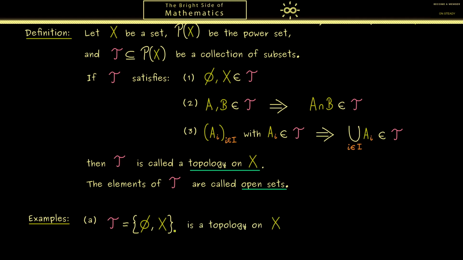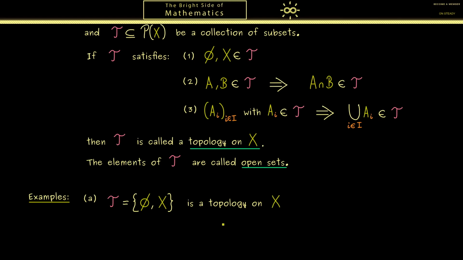So what you should see is, the second and the third property are immediately satisfied. Simply because there are not many choices for the intersection and the union. Hence, this means that this is the topology where all the non-trivial subsets are not open. So maybe not the most interesting topology to work with.